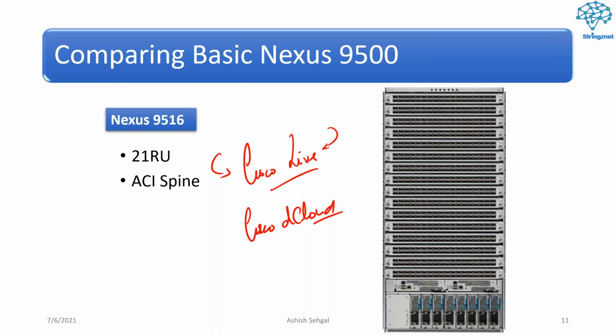So in that case, can I say that two Nexus 9516 switches can run a complete data center? Yes, absolutely. It can run the complete ACI fabric.